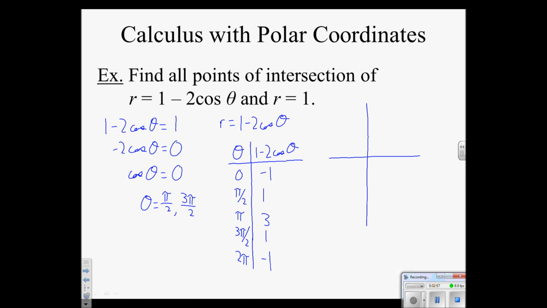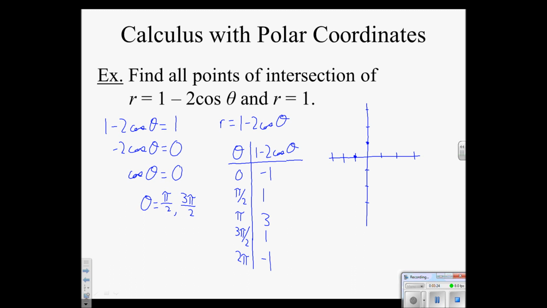So when I graph these, when theta is equal to 0, r is negative 1, so we're back here somewhere. Let me put some tick marks on here just so I know where I'm looking. Okay, so when theta is 0, r is negative 1. As theta goes from 0 to pi over 2, my radius ends up up here at 1.